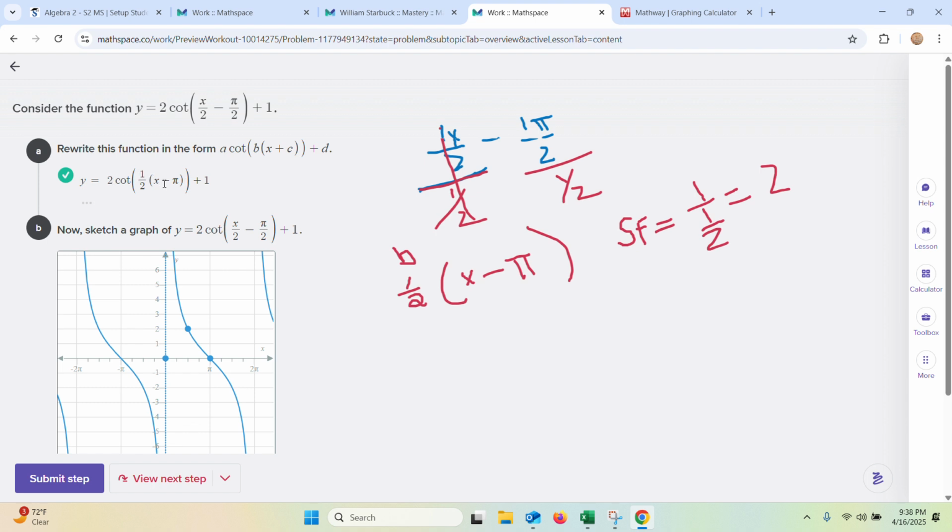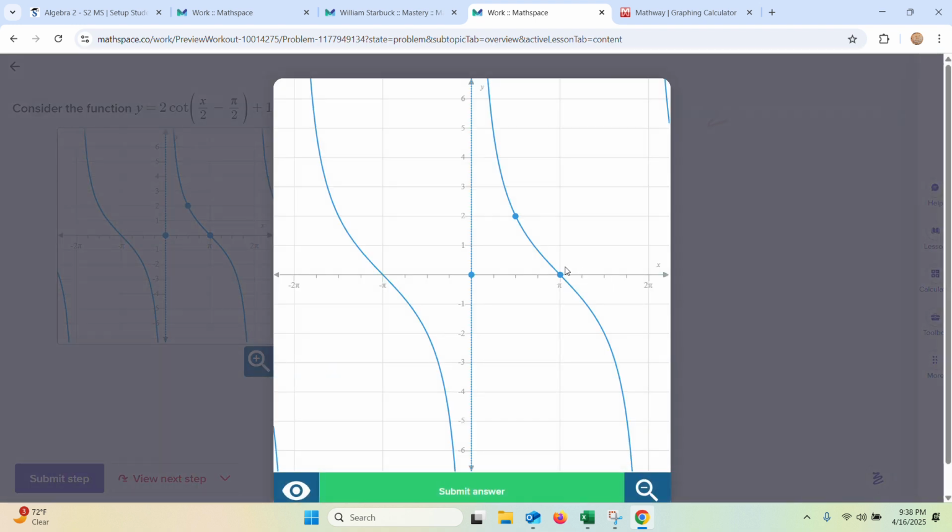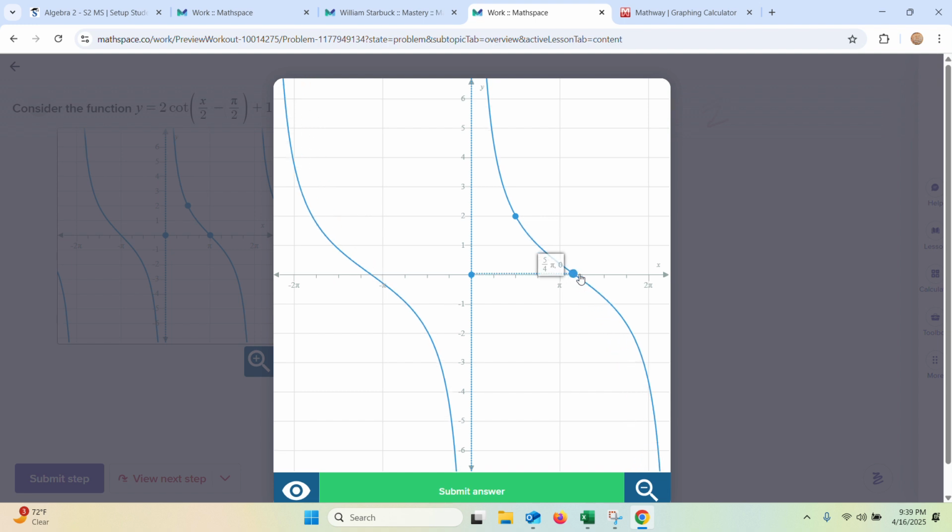Now we're going to shift to the right. The minus sign inside here means go right. We're going to shift it pi spaces. This point is at pi, so to move it to the right, we go another pi. This point will move to here. This point moves pi over here. This point is half pi, so it moves to the other half pi, which is here.